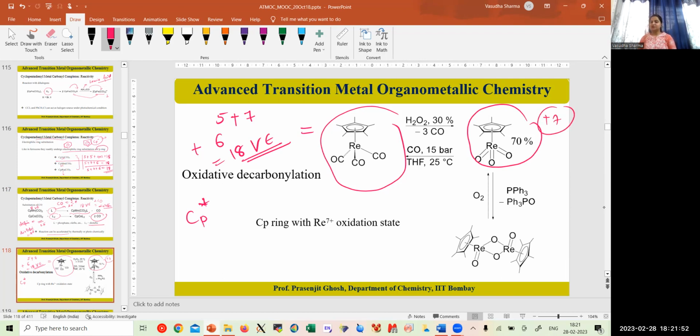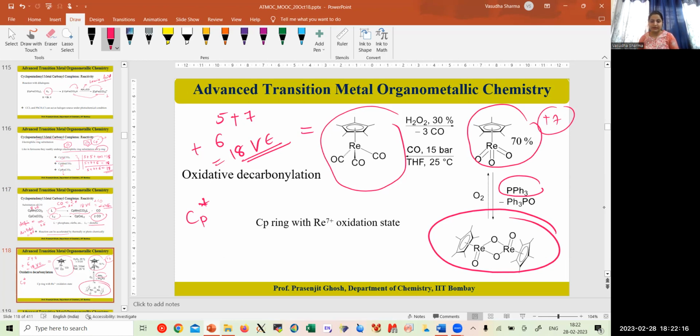Since it has enough source of oxygen, when we add PPh3, which is likely to get oxidized very easily, it will take up that oxygen, and therefore the molecule gets dimerized and gives you a dimer like this. Also, if you calculate, it gives the same number of electrons as it was giving earlier.